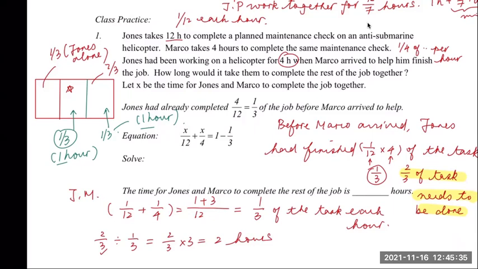So each hour, Jones and Marco can finish 1/3 of the task, and we only have 2/3 of the task that needs to be finished. 2/3 divided by 1/3 is equal to 2 hours. That's how we solve this problem. So this is pretty much it. I hope it's helpful.